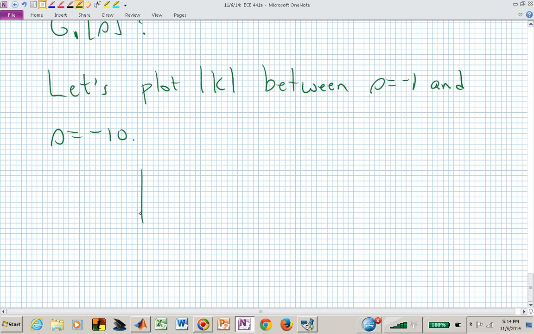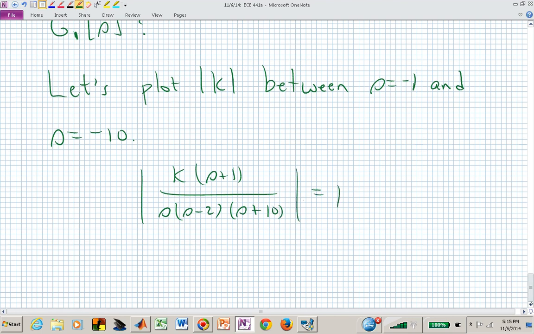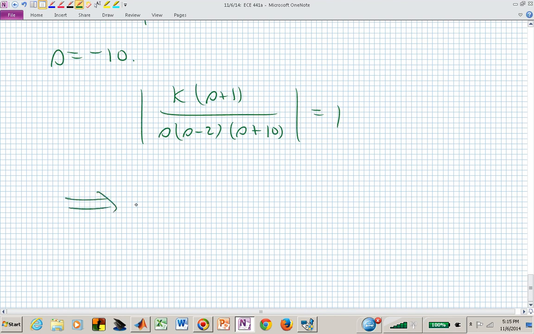Here we have the magnitude condition, which is k, s plus 1 over s minus 2, s plus 10, equaling 1. That's our magnitude condition. We can solve that for k, and we now have this product of our pole lengths to whatever s value we're interested in, and here we're interested in evaluating this at s values between minus 10 and minus 1, all divided by this factor s plus 1.